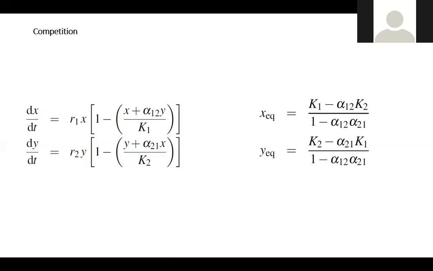If we have multiple species, we put coefficients for each species to the other one, and capacities. Of course, the capacities have to be different because the competitors might have different scales, right? For example, even if they eat the same thing, a capacity for cows and rabbits won't be the same in the same kind of environment, right?